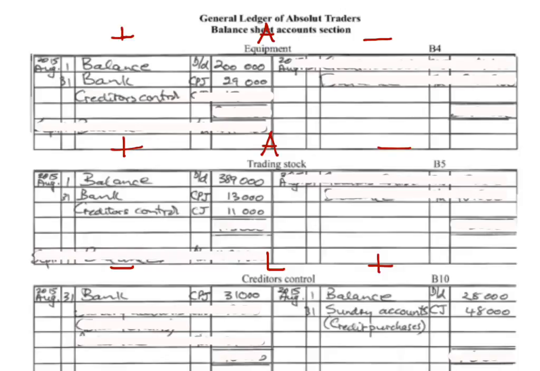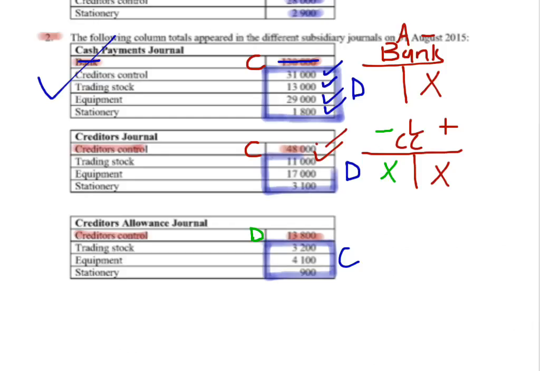So I have bought more equipment on credit. Coming from the CJ, a total of 17,000 Rands worth of equipment was purchased on credit this month. So then equipment, done.